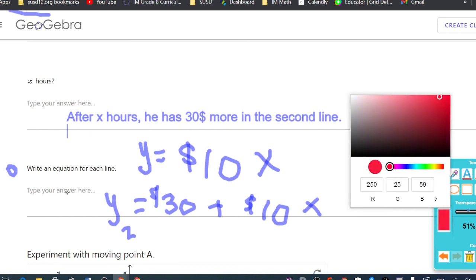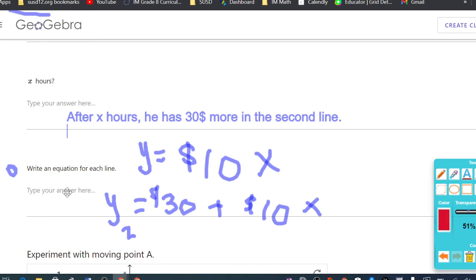And I hope right now you have a ding, ding, ding, aha moment, whatever you want to call it. Look at the equations of these lines. The first equation is y equals k, which is our rate, times x.